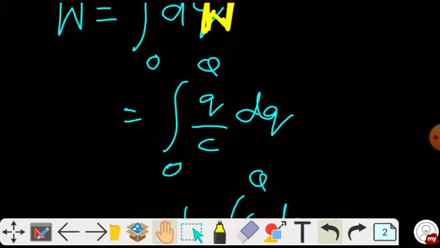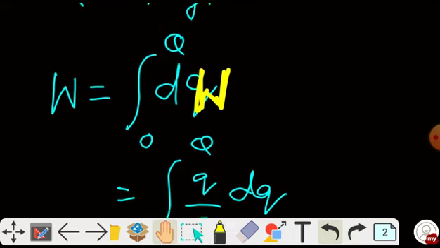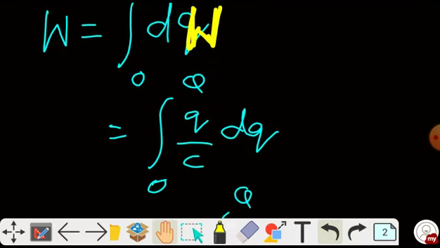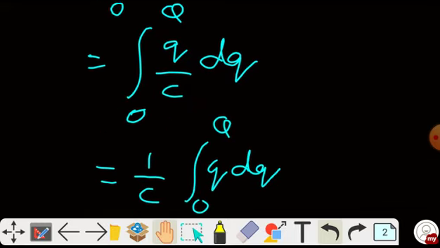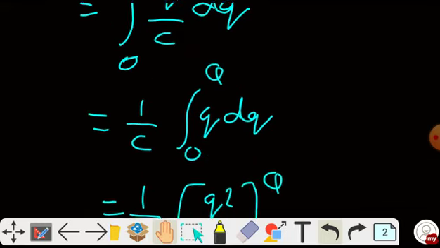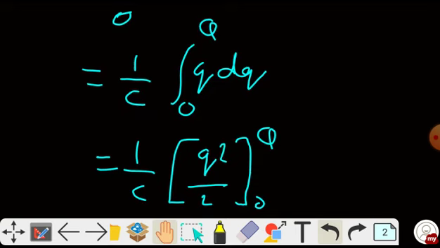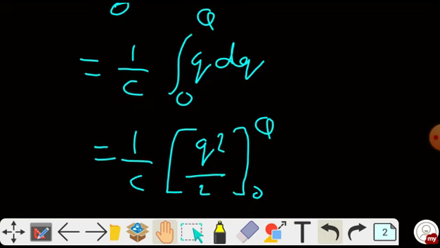So integrate this expression, with limits 0 to capital Q, because initially the charge was 0 and the final charge is capital Q. C is constant capacitance, take it outside, and Q is the variable here. Integrating Q dQ gives Q square by 2.